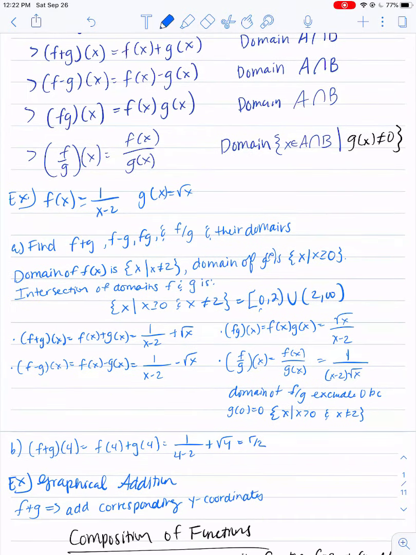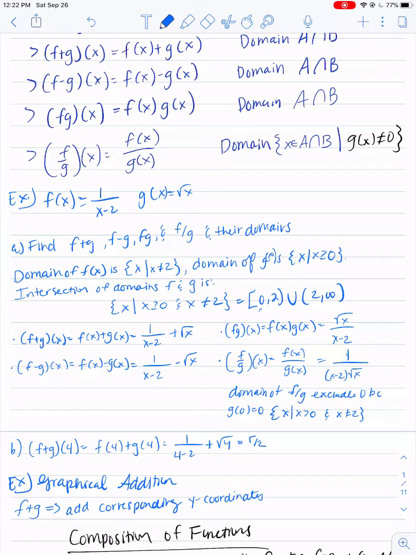Our (f plus g)(x) is going to be f(x) plus g(x), so that's just 1 over x minus 2 plus square root of x. (f minus g)(x) is 1 over x minus 2 minus square root of x. If we're multiplying them, we have f(x) times g(x), that's square root of x over x minus 2.